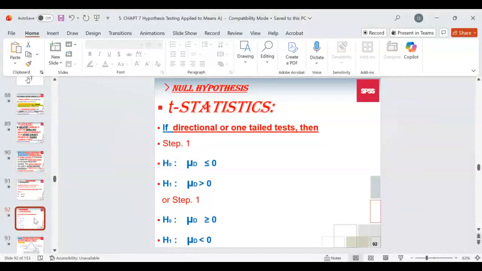If we say the mean difference will increase, then Null says no, it'll decrease or even stay the same. If we say the mean difference will be less, Null says no, it'll be more or even stay the same.